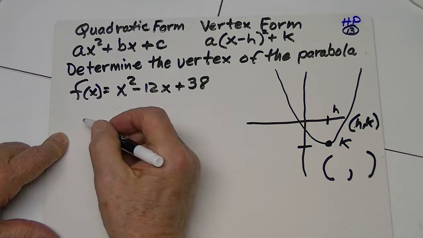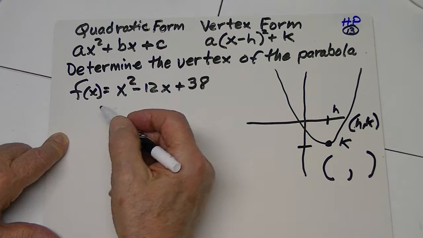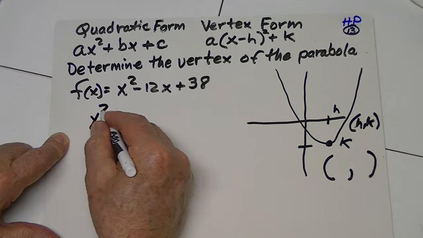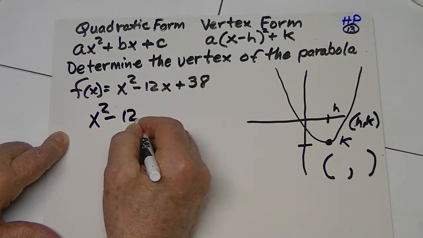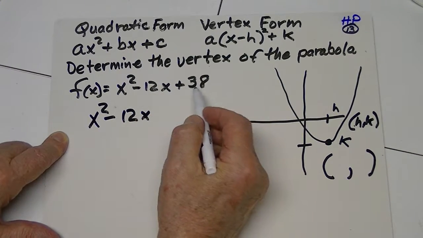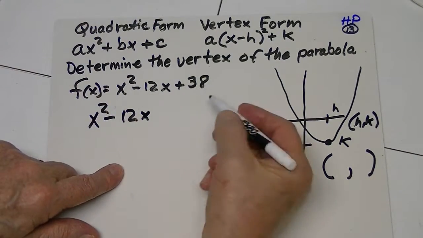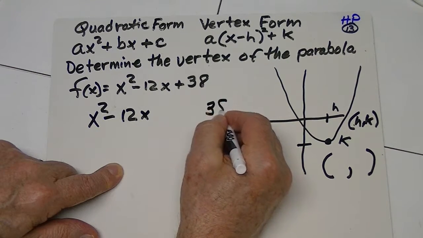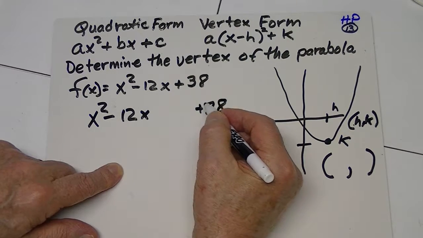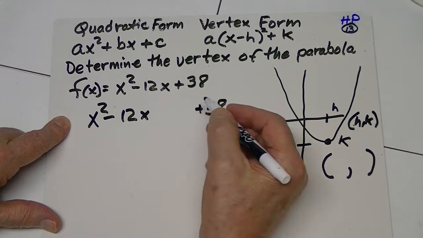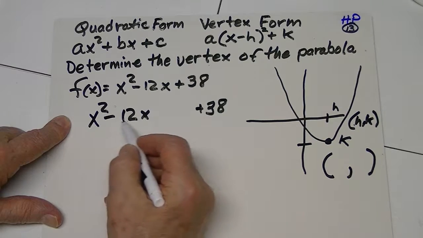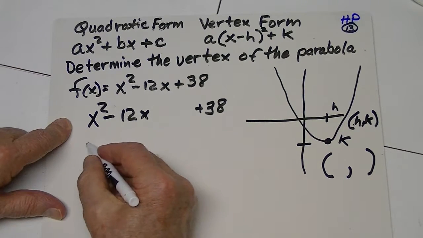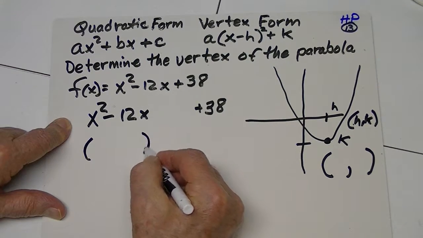So the first thing we do is to write this where we take our c term and temporarily move it over here. Now, what we're asked to do then is to take this part of the quadratic form and complete the square.